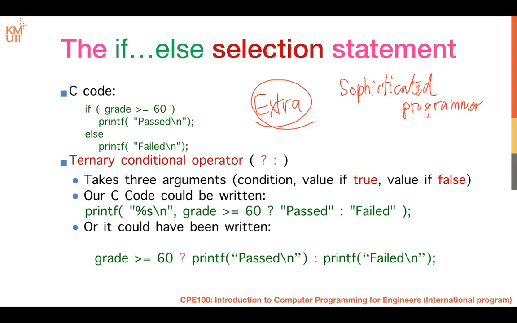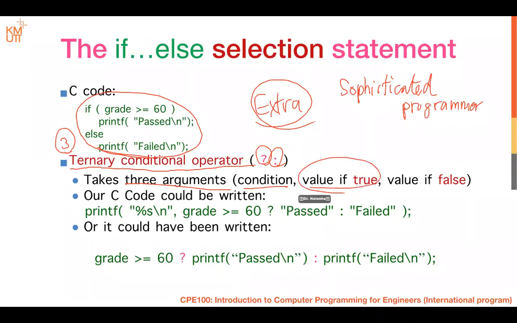So in order to represent this statement, you can write by using ternary. Ternary is 3. Ternary conditional operator, that is question mark and colon here, right? Ternary means 3. So it takes 3 arguments: condition, value if true and value if false.